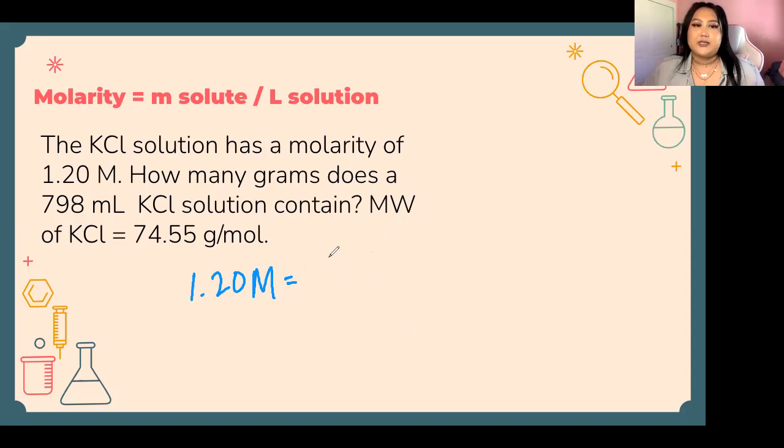What can we plug into our formula or equation?